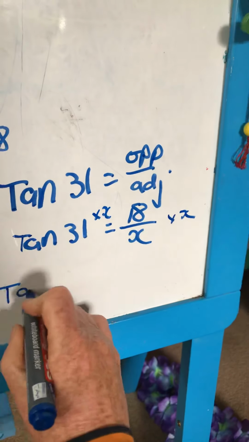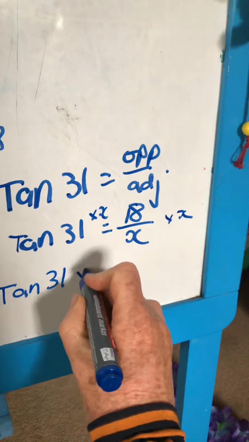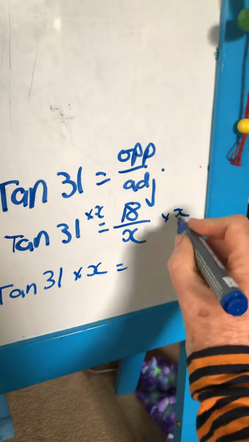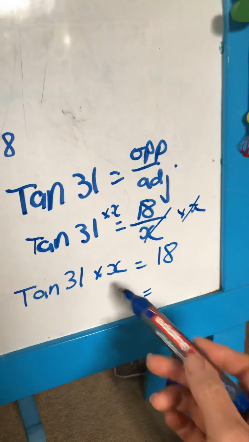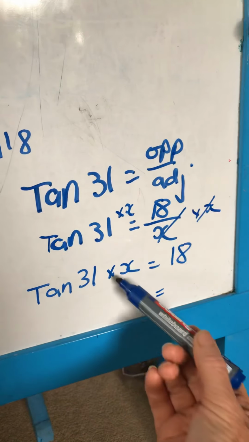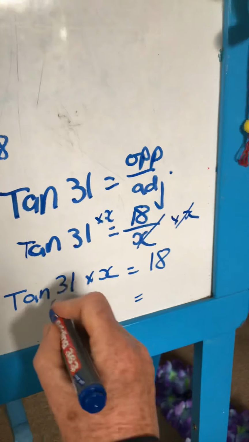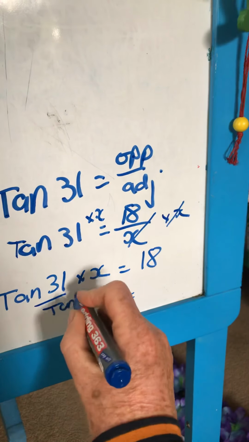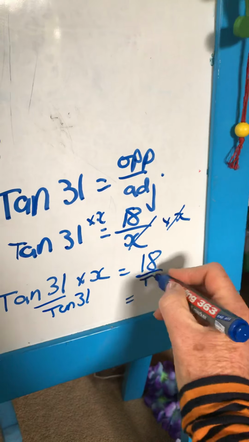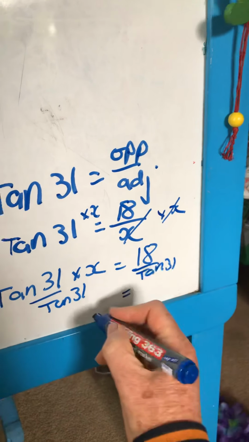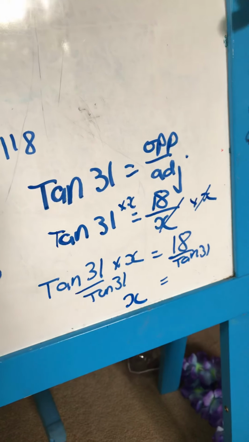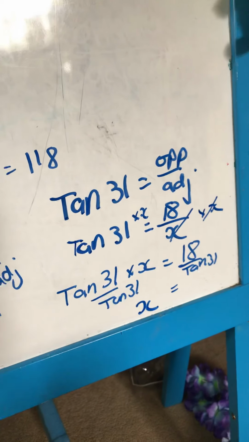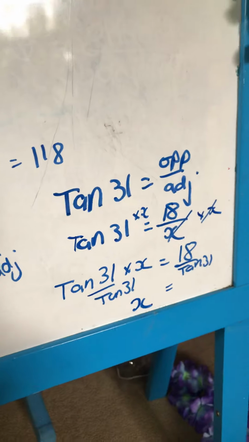Now we've got tan of 31 times x equals 18. If we want the x by itself, how do we get rid of times by tan 31? Divide by tan 31, and do the same thing to this side. So we'll be left with x equals 18 divided by tan 31. Use your calculator correctly and you'll do fabulously on that one.